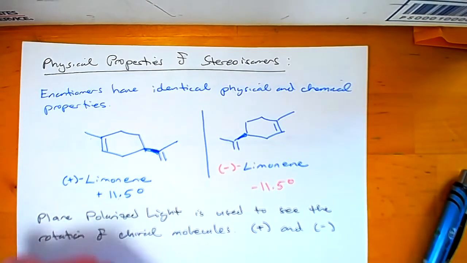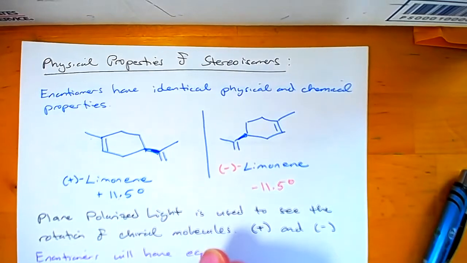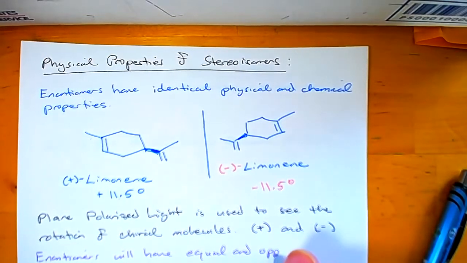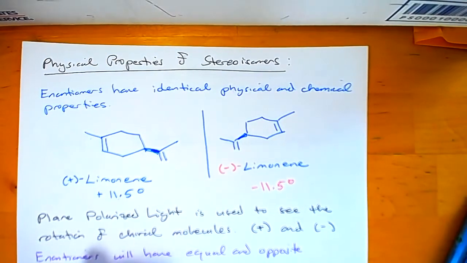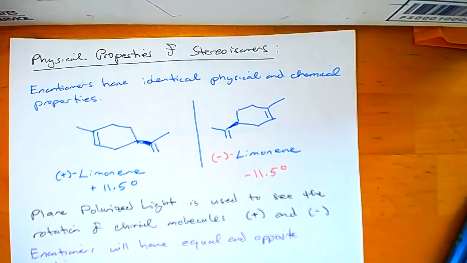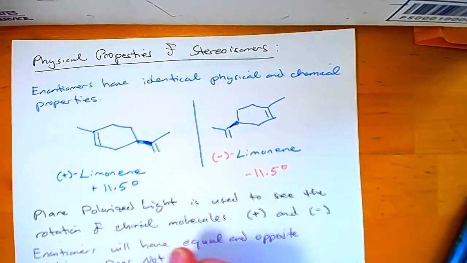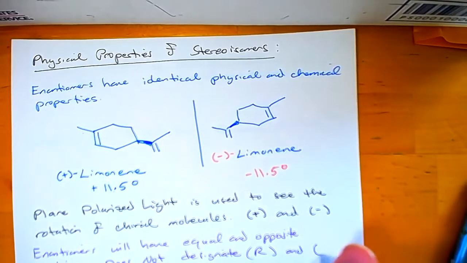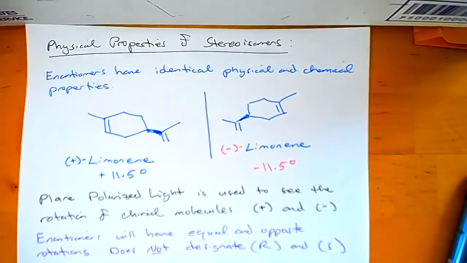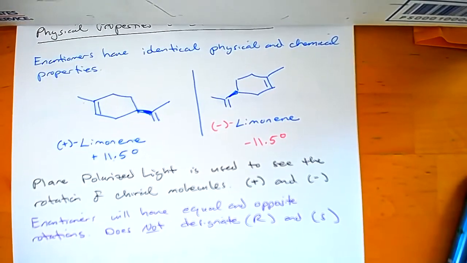Enantiomers will have equal and opposite rotations, but this does not designate R and S, meaning an R isomer can be positive or negative, and an S isomer could be positive or negative.